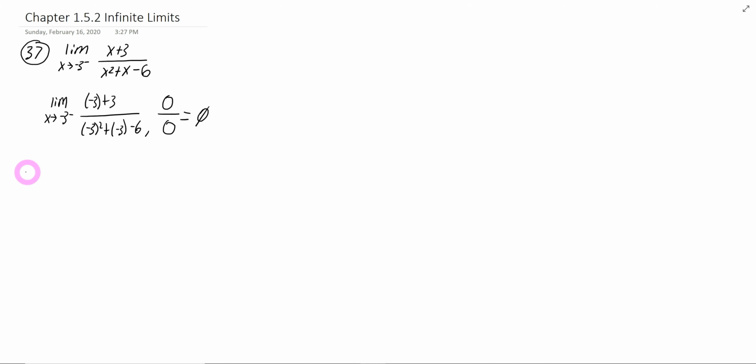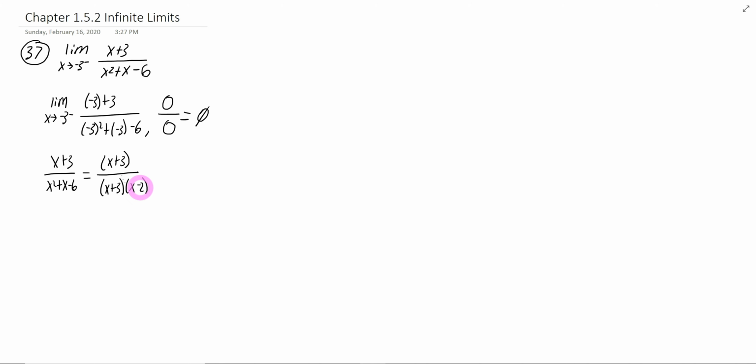So instead, we're actually going to try some simplification. And the way we're going to do the simplification is we're going to say that x plus 3 over x squared plus x minus 6 is indeed equal to x plus 3 all over, believe it or not, this x squared plus x minus 6 simplifies down to x plus 3 times x minus 2.